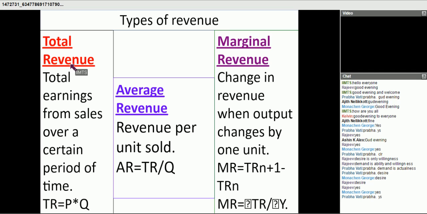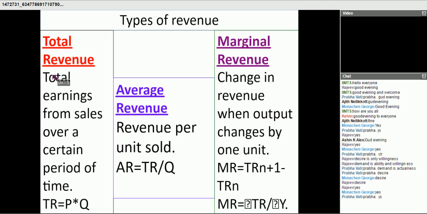So in both those topics, whatever was the concept with regard to total, average and marginal, that will be the same.